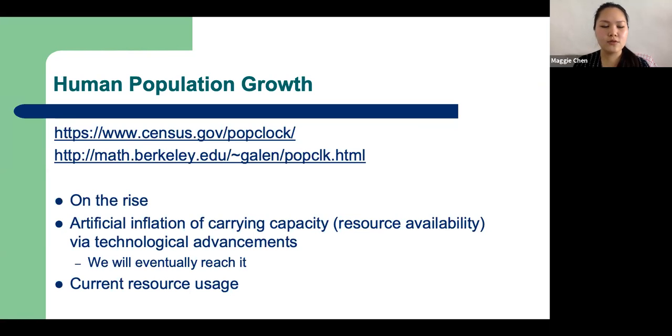Even though we created this artificial carrying capacity, eventually we are going to reach it, and that's going to mean something in terms of the direct or indirect effects that we feel. Now we can start to look at our own resource usage, moving forward.